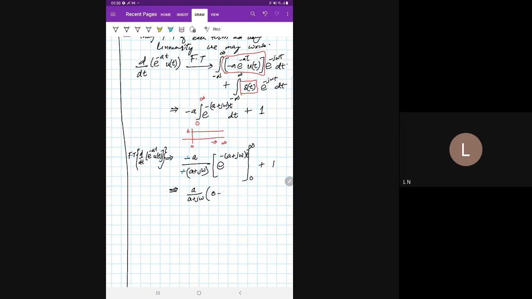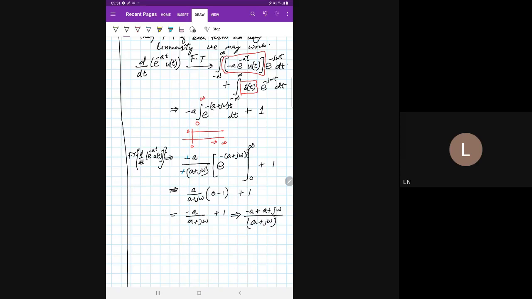So it will be 0 minus 1, plus 1. Therefore, we can write it down as minus a divided by a plus j omega plus 1, which can be written as minus a plus a plus j omega divided by a plus j omega.